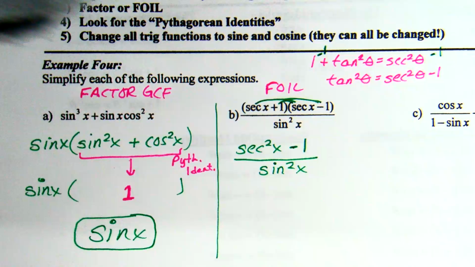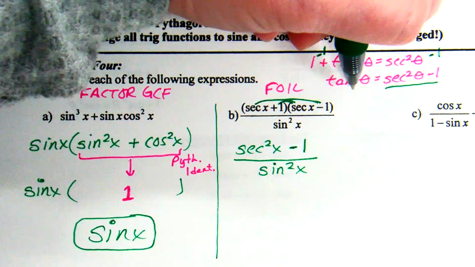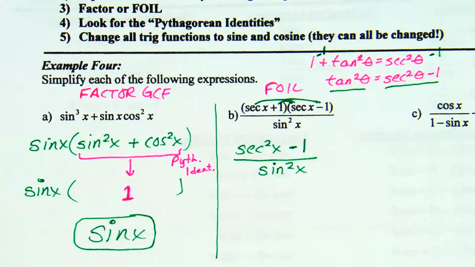A secant squared theta minus 1 can be replaced with a tangent squared theta. Or in our case, a secant squared x minus 1 can be replaced with a tangent squared x. The Pythagorean identities, we have to manipulate them at times to make them work and do what we need them to do.